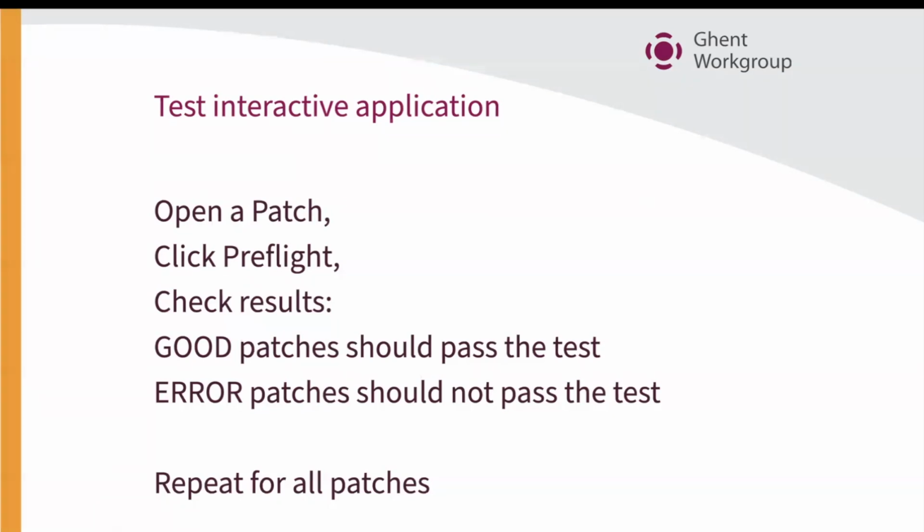If it's a good patch, with the green rectangle or ending in .mg, the patch should not generate any warnings or messages in your application. Or if it's a red one with the error text, you should get at least one error message when you open the patch. And you should repeat that process for all patches.